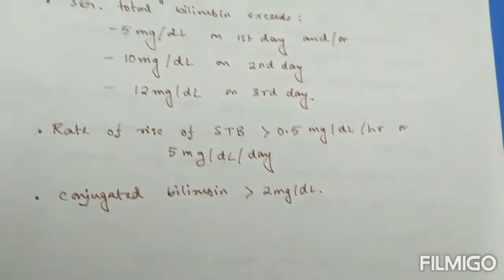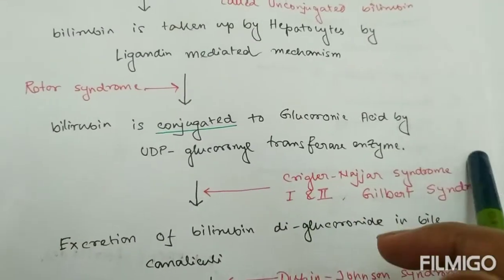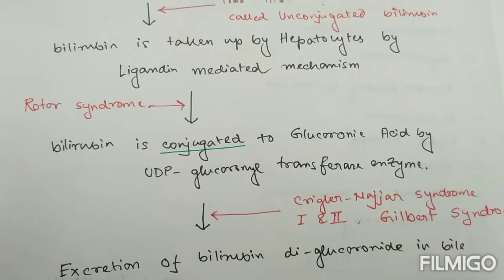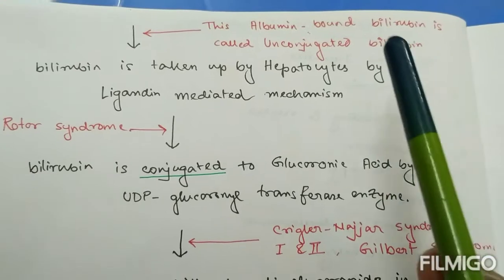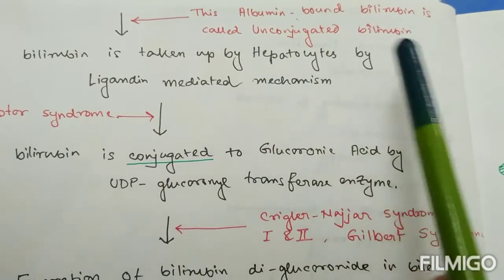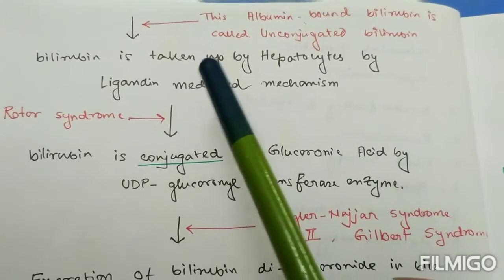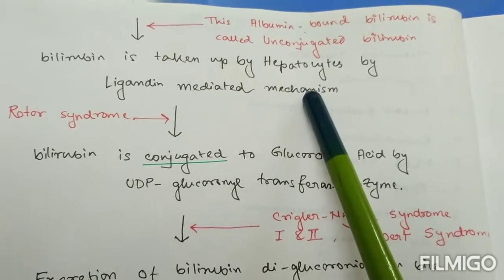In the liver, this bilirubin has 3 fates. First bilirubin uptake, then conjugation, and finally excretion. The albumin-bound bilirubin, called unconjugated bilirubin, is taken up by the hepatocytes by ligandin-mediated mechanisms.